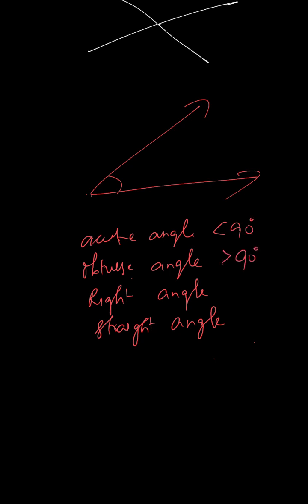Greater than 90 degrees is an obtuse angle. Equal to 90 degrees is a right angle. Equal to 180 degrees is a straight angle.